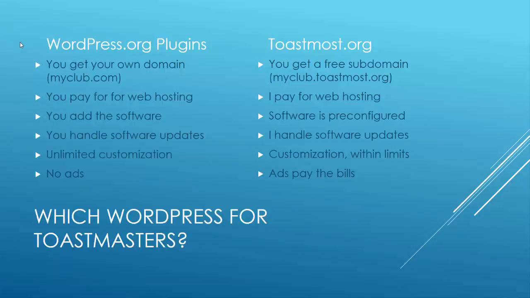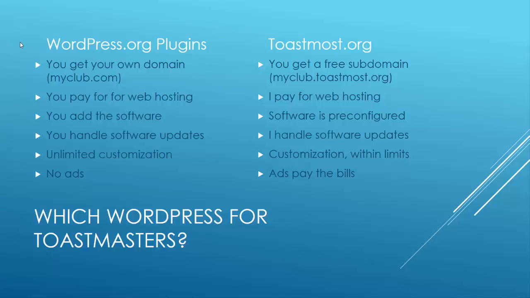Now, a plugin in WordPress vernacular is a functional enhancement to the system, or a functional change to the system at any rate. And so I've created a plugin that adds Toastmasters behaviors to the WordPress software. I also created a theme, which I'll talk about in a moment, that adds the branding components.